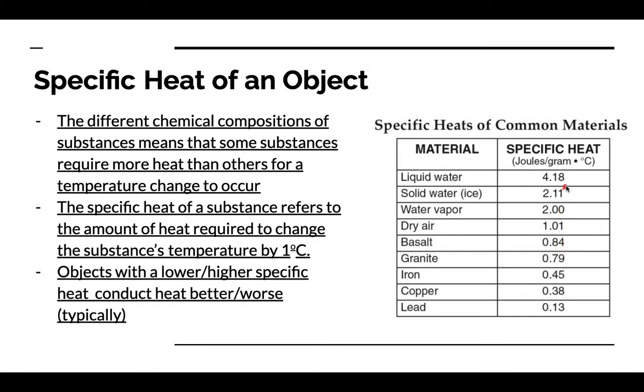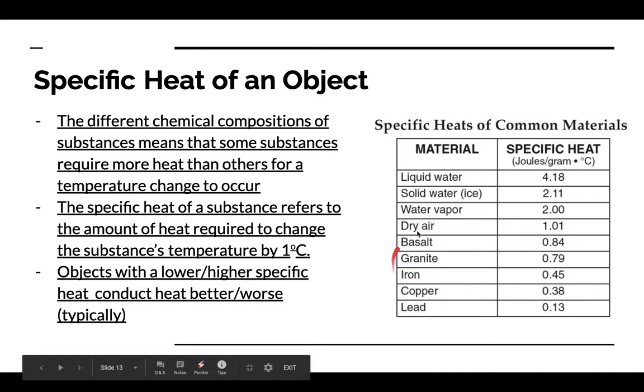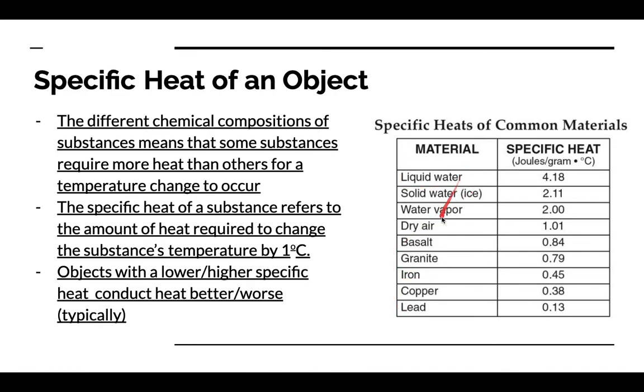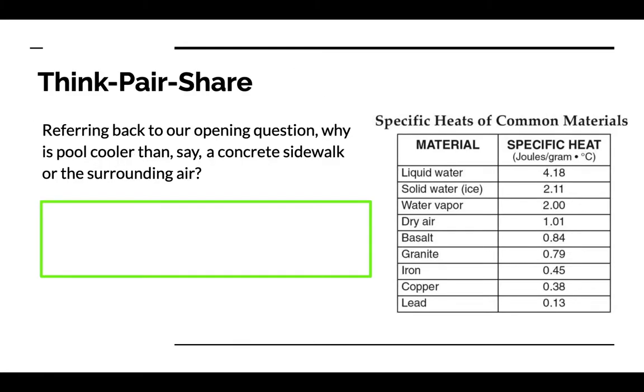Whereas something like liquid water, which doesn't conduct heat very well, has a specific heat of 4.18 joules per gram degree Celsius, which means that the amount of heat required to raise liquid water by 1 degree Celsius is greater than the amount of heat required by iron. So as a result, iron tends to conduct heat better than liquid water, okay? Typically, there are some exceptions to this, but we're not going to go into the exceptions.